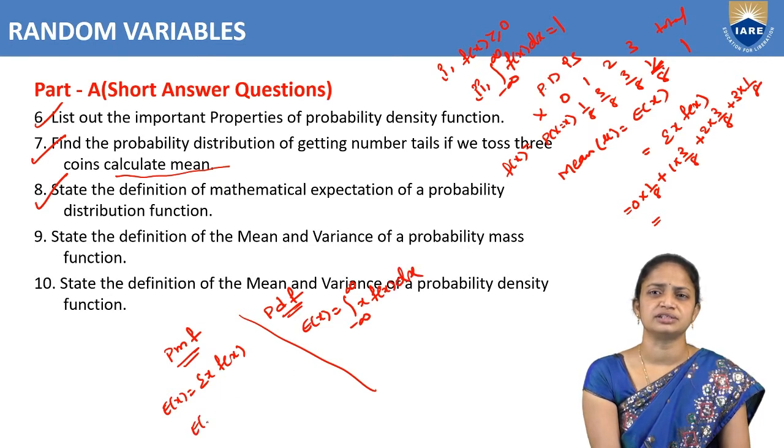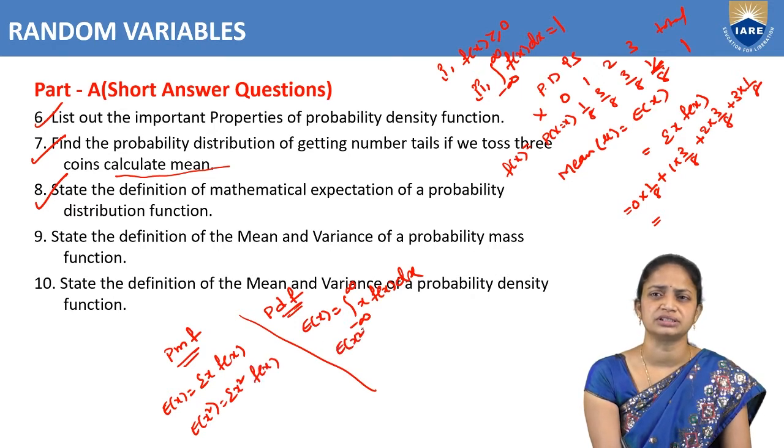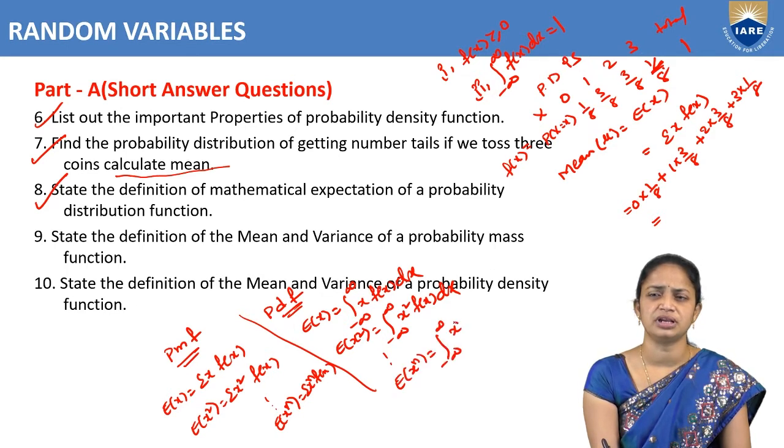Similarly, expectation of x square equals summation of x square into f of x, and for density, the integration over minus infinity to infinity of x square f of x dx. Similarly, expectation of x power n equals summation of x power n into f of x, and for density, the integration over minus infinity to infinity of x power n into f of x dx.